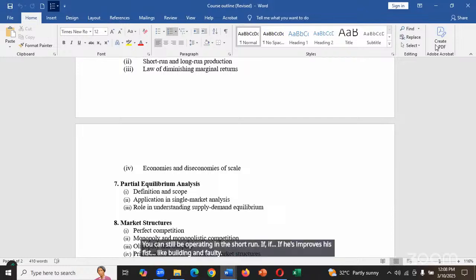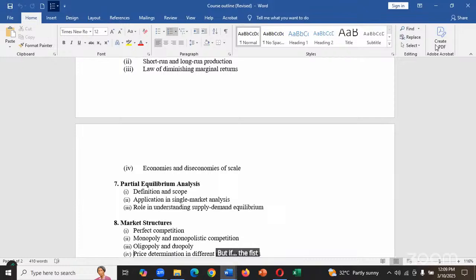Yes, fixed. But if the person expands the size or innovates the building and all those things, can the person shift to the long run?